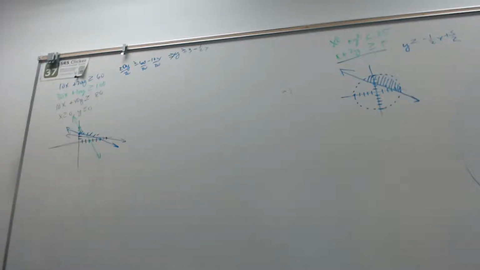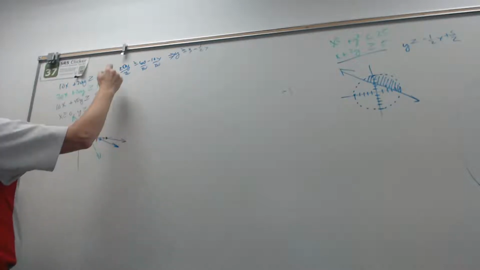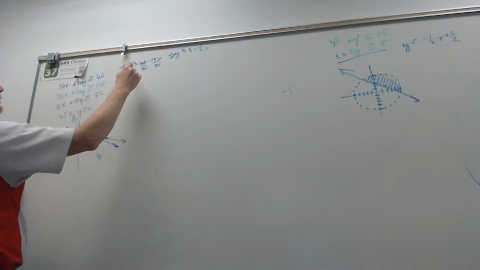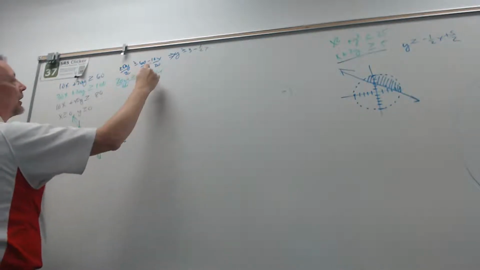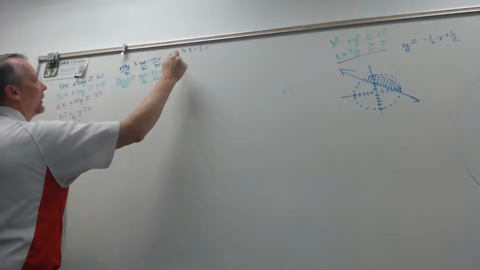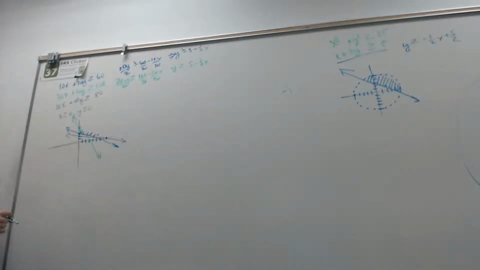Okay, on the green one, we're going to want 20y greater than or equal to 100 minus 30x, divided by 20. y is greater than or equal to 5 minus 3/2 x. Okay, so once again, we want this area here, right?